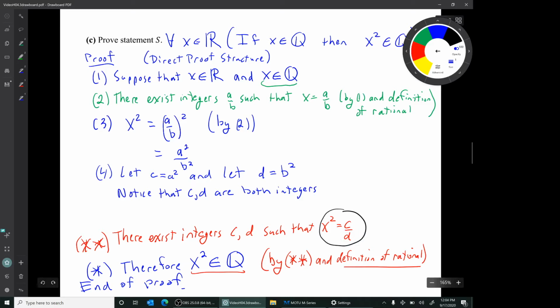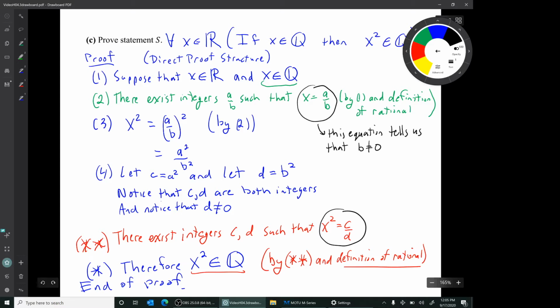How do we know that d is not 0? Well, let's just say the words that d is not 0. Now, how can we justify that? Well, notice that if we go back to this equation is true, and that tells us that b must not be 0.